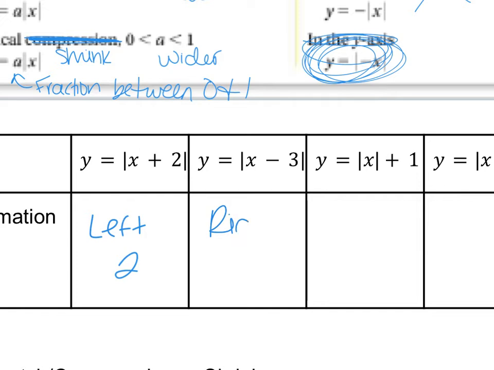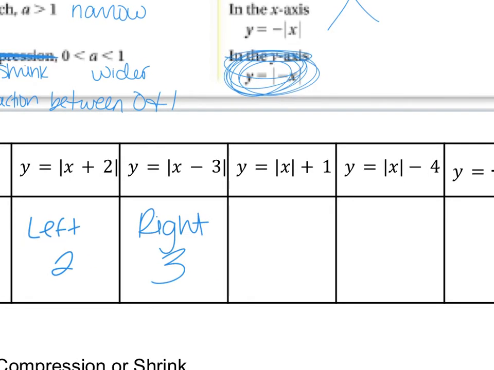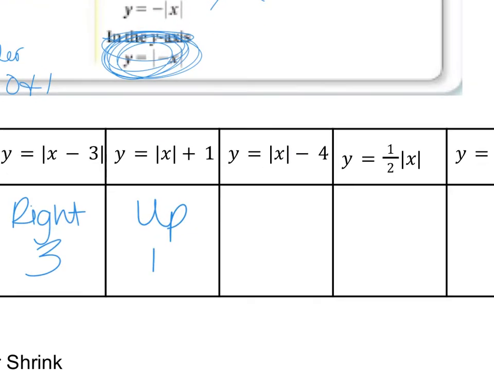That would be right 3. Plus 1 on the next one on the outside of the absolute value. So now it's going to be either up or down. And since it's plus 1, that would be up 1. So it shifted up 1. And then on the outside, we have a -4, so that would be down 4.